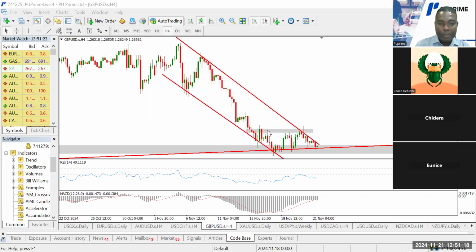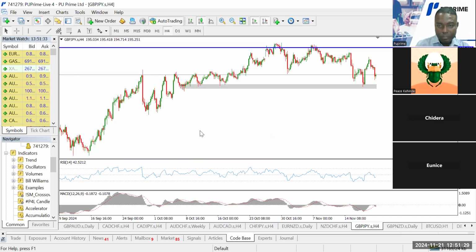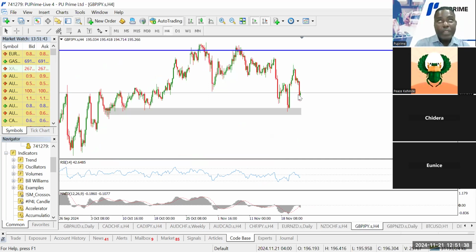GBP JPY. Okay, let's look at that briefly. Now this is GBP JPY on the 4-hour time frame.